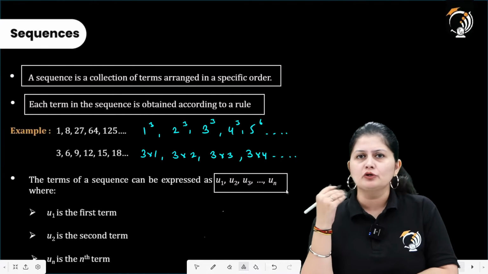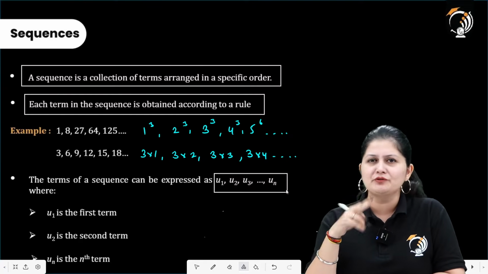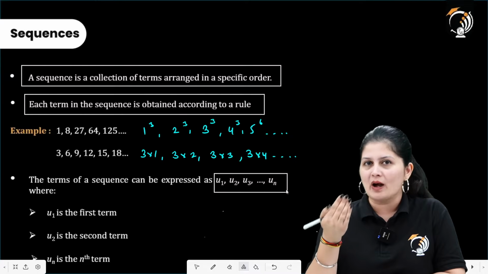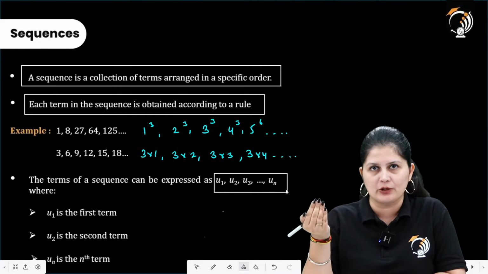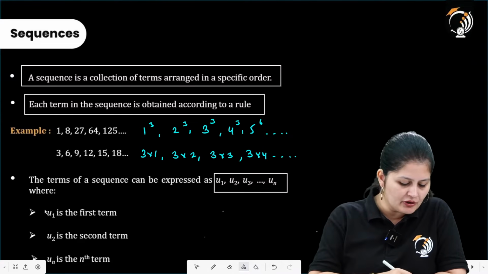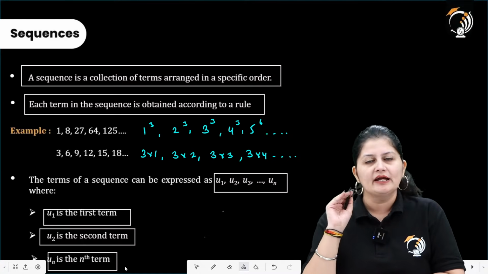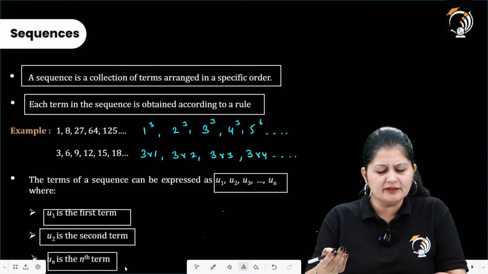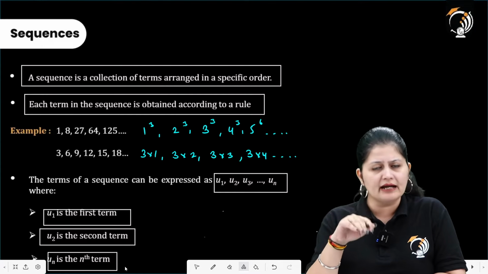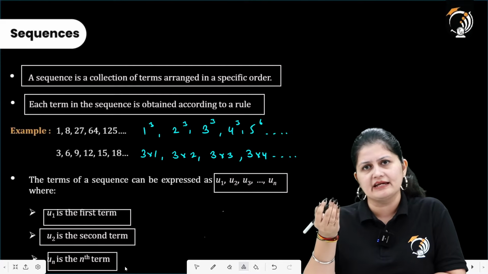So u1 is the first term, u2 is the second term, u3 is the third term, while un is the nth term of that particular sequence. Other than that, to write the terms, we either write it with a u or we can use a as well.